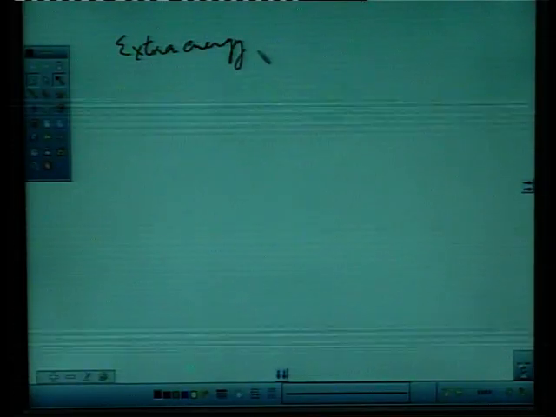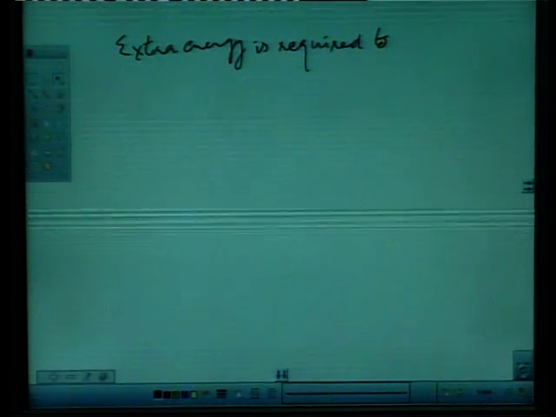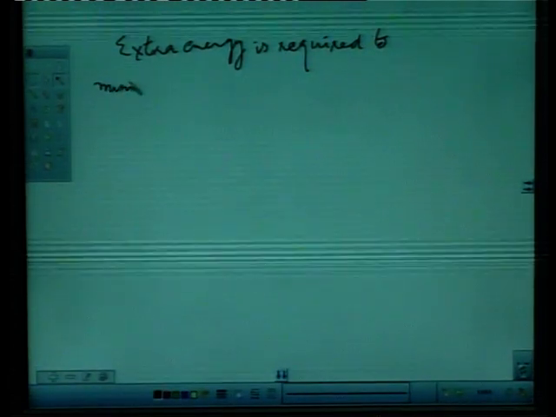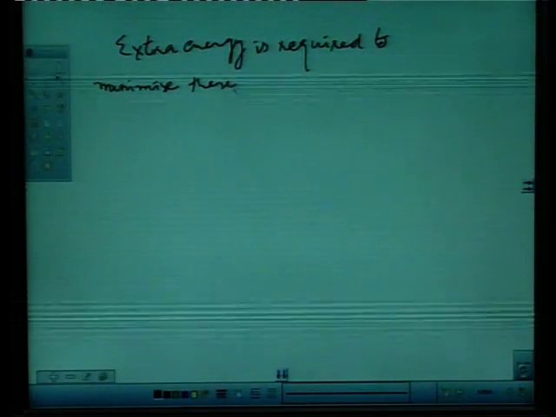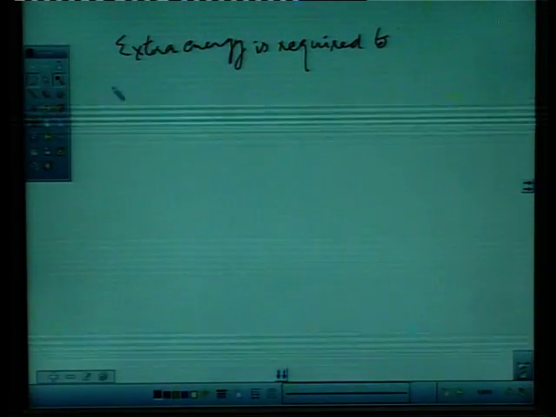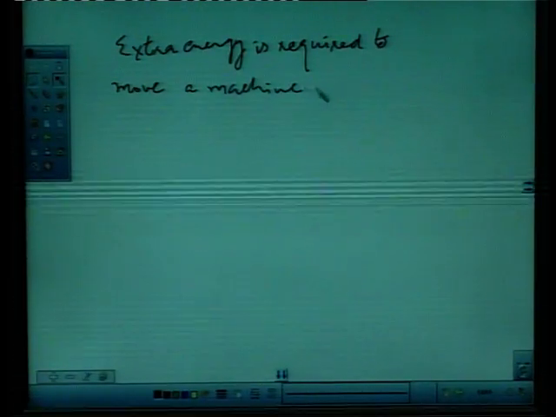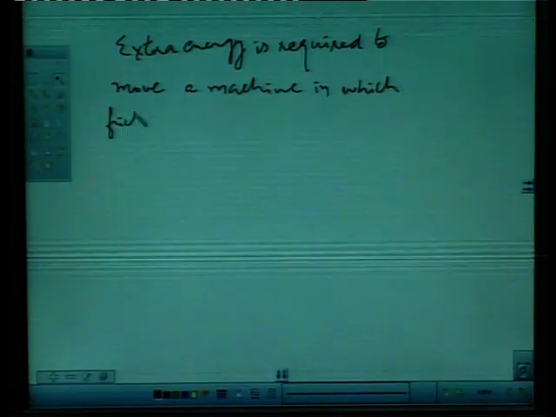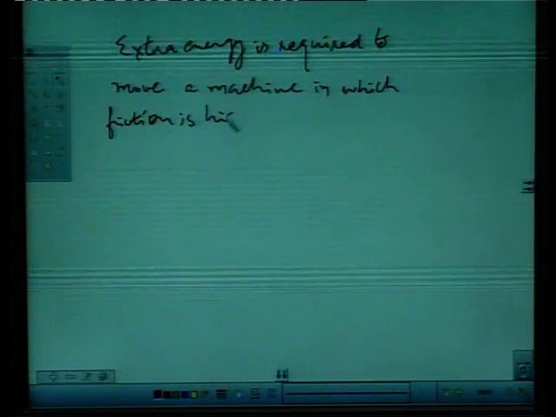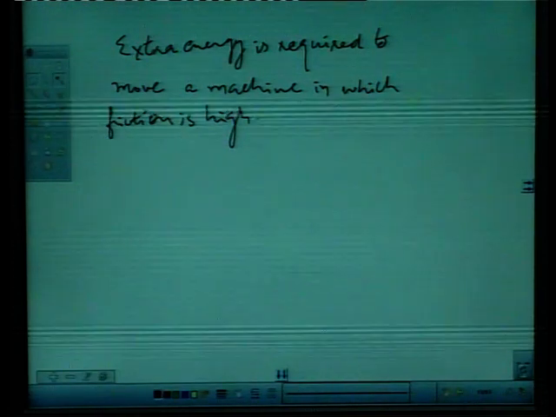Extra energy is required to move a machine in which friction is high. So, the energy requirement is increased.